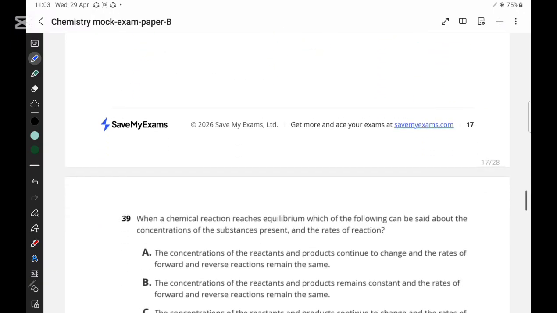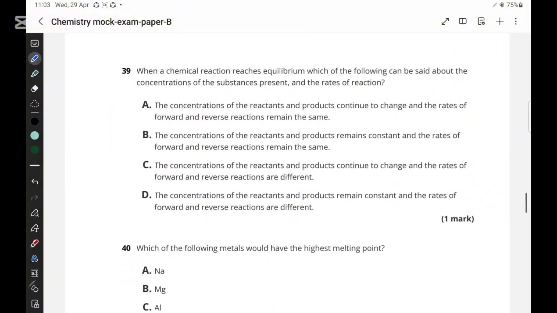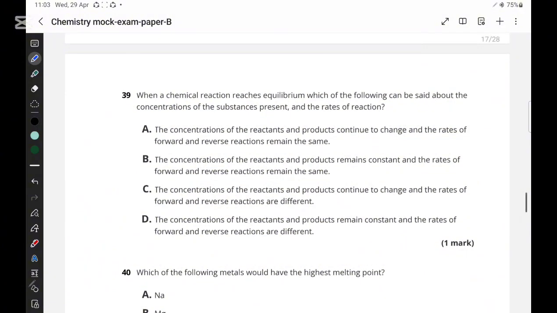So let's move towards the next question. Question number 39. When a chemical reaction reaches equilibrium, which of the following can be said about the concentration of substances present and the rate of reaction? For chemical equilibrium, there are certain conditions. First of all, the reaction needs to be placed in a closed system.